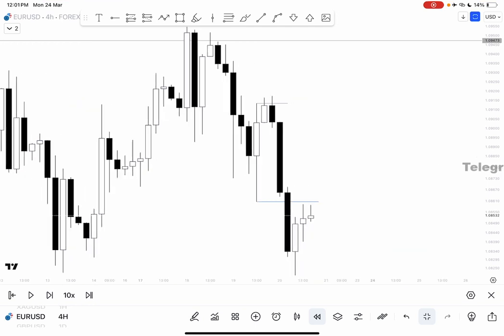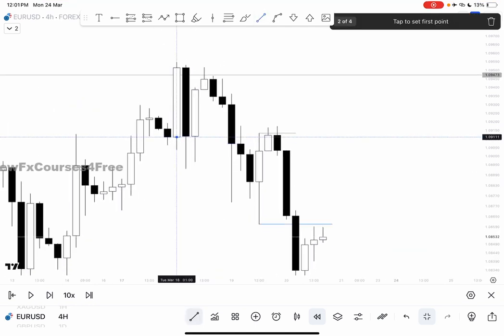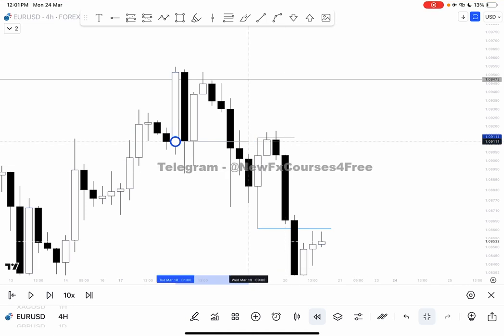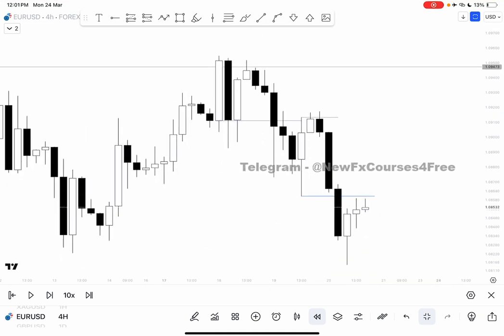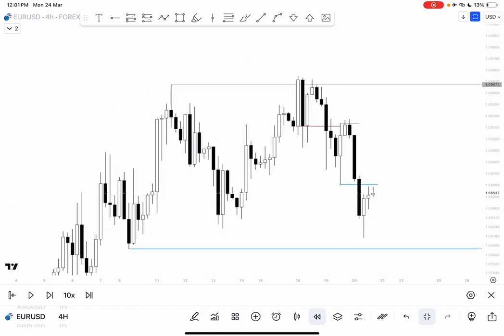And of course, this is our high probability order block here, this candle, which is your change in state of delivery from a bullish delivery of price action to a bearish delivery of price action. So this was our intended draw on liquidity, our previous week low.